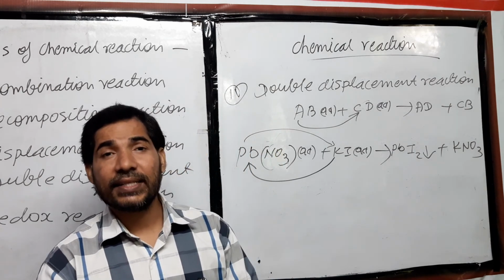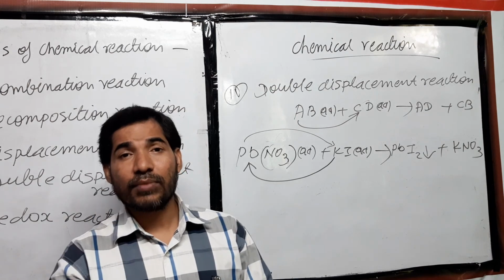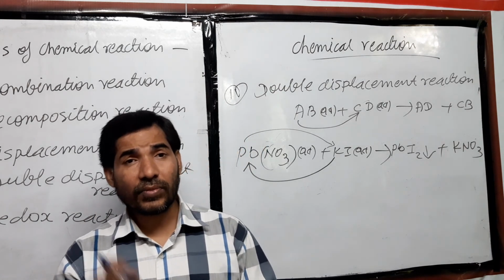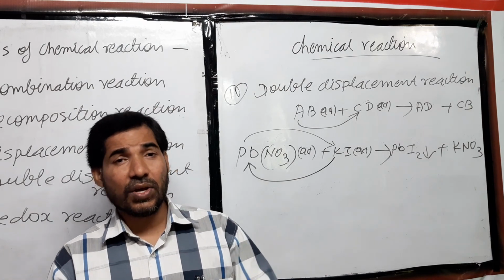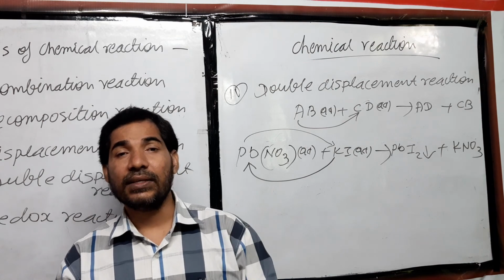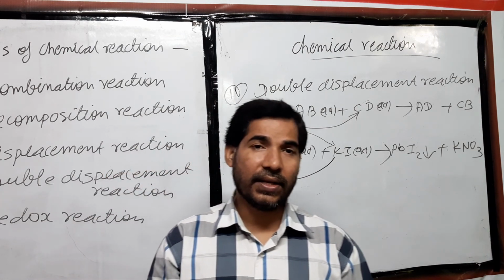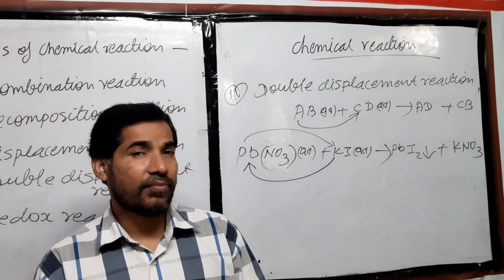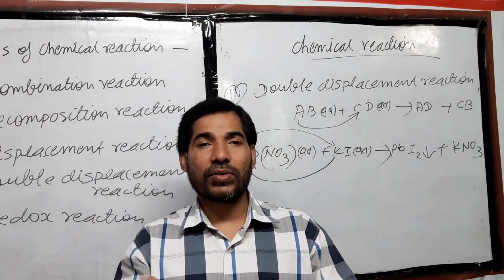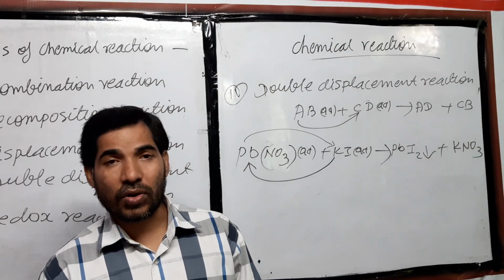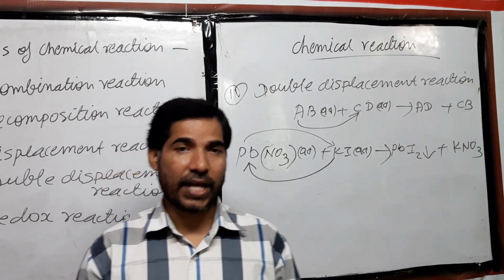Those chemical reactions in which oxidation and reduction both take place simultaneously are called redox reactions. We will discuss the redox reaction in our next class because it will take a long time. Okay, you have to listen carefully and make short notes on it. Thank you.